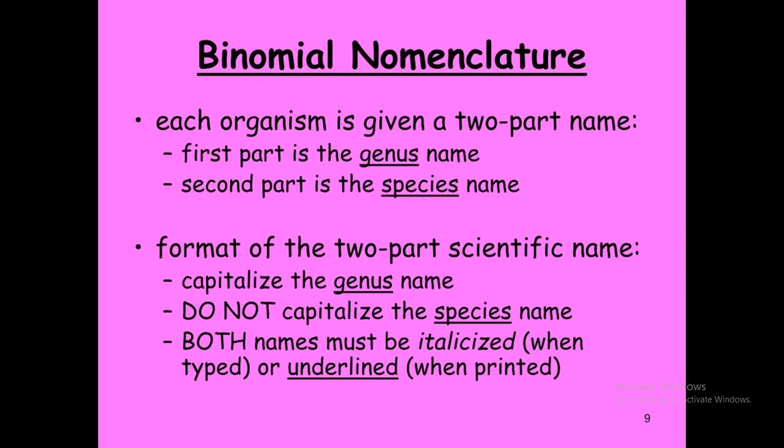Both names are written in italics when typed, but when you write it on paper or during your examinations, I know you cannot write in italics. So we write it in normal handwriting and then underline it.